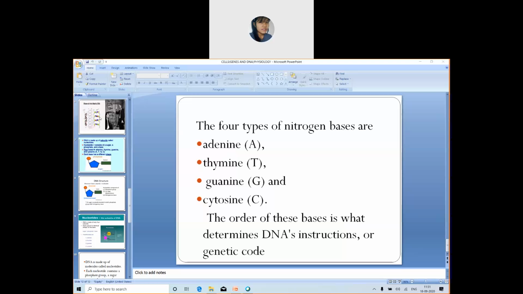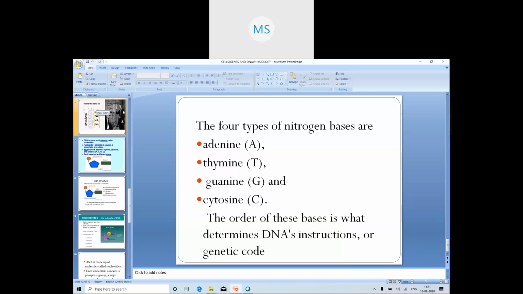Okay. Actually, I forgot to mention, two scientists were there who discovered the DNA structure. Can you name the two scientists who discovered DNA? Two persons were there. Actually, they are scientists. Can you name them?